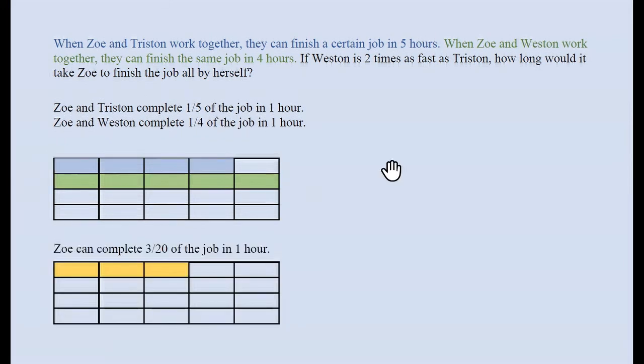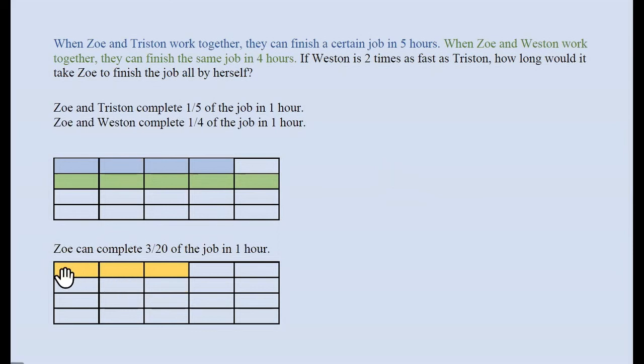So this picture is simply a summary of what we have discussed on the previous slide. The blue 4 cells represent what Zoe and Triston can complete in 1 hour. The green cells represent what Zoe and Weston can complete in 1 hour. Based on those 2 shadings and the fact that Weston is 2 times as fast as Triston, I can conclude Zoe can do 3 cells per hour, or 3/20th of the job per hour.